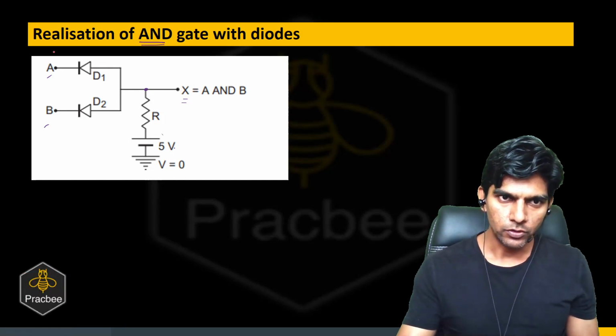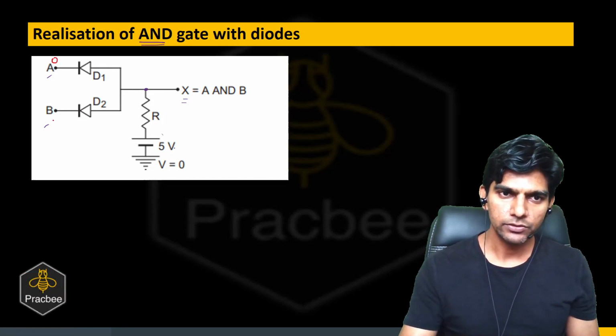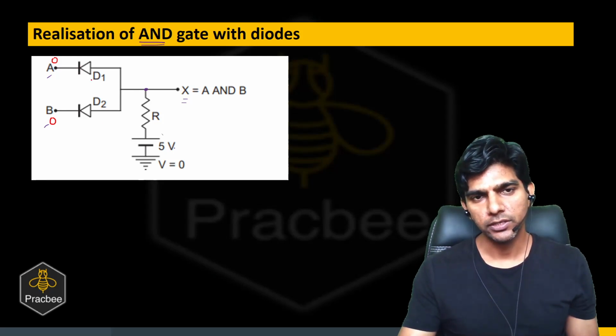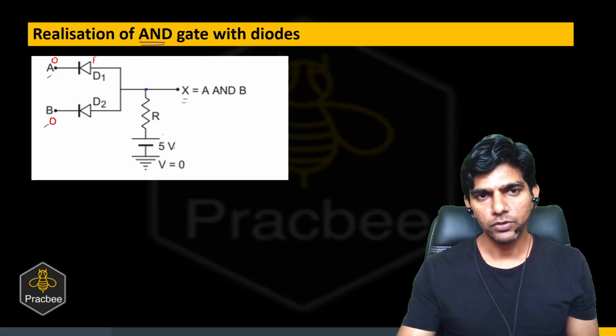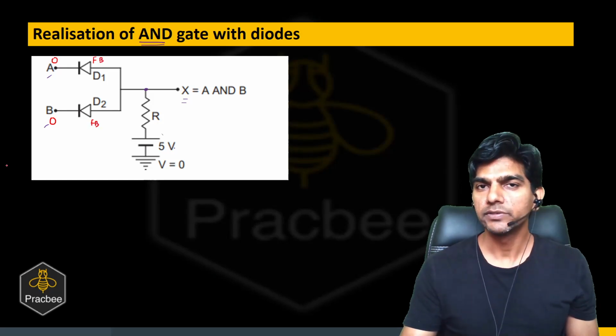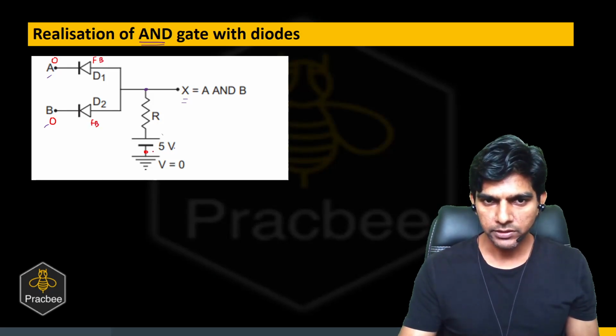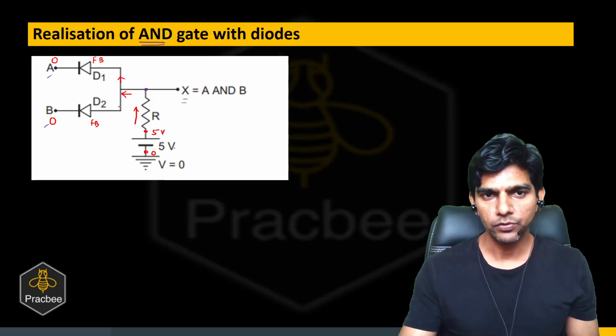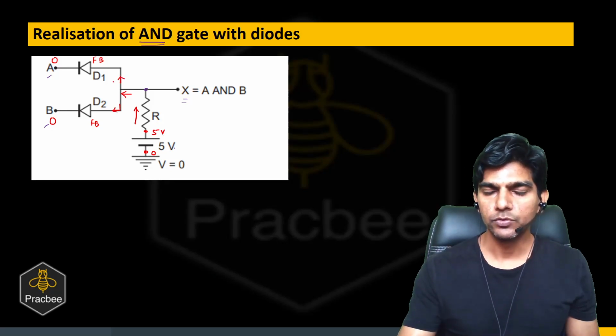So I'm starting from a low signal. Let us say A is 0, B is 0. So we can say the N side is connected to the low potential. So both the diodes will be forward biased. Let us say here the voltage is 0 and here the voltage is 5 volts. If it is forward biased, what would happen? There will be a current supplied by the battery, and this current will flow like this through both the diodes.